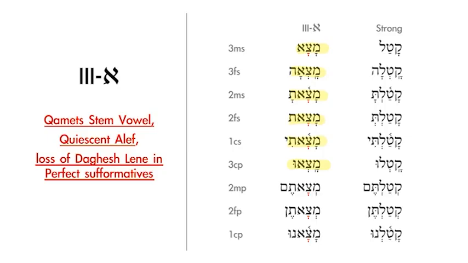Those changes, however, still should not cause you any trouble. All of the root letters are present, and the spelling of all the perfect affirmatives, except for the Dagesh Lene, are the same. And you should be accustomed to seeing the Dagesh Lene fall out or be added because of the absence or presence of the vowel or consonant before it.